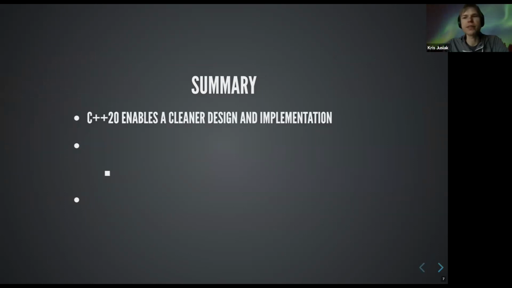Modules, concepts, source location are great, and a lot of tricks you can do with lambdas and requires, closure, design by introspection. All of those goodies allow really expressive and simple code and allow writing this framework without problems, much easier than I can imagine. This framework with C++19 wouldn't be possible.